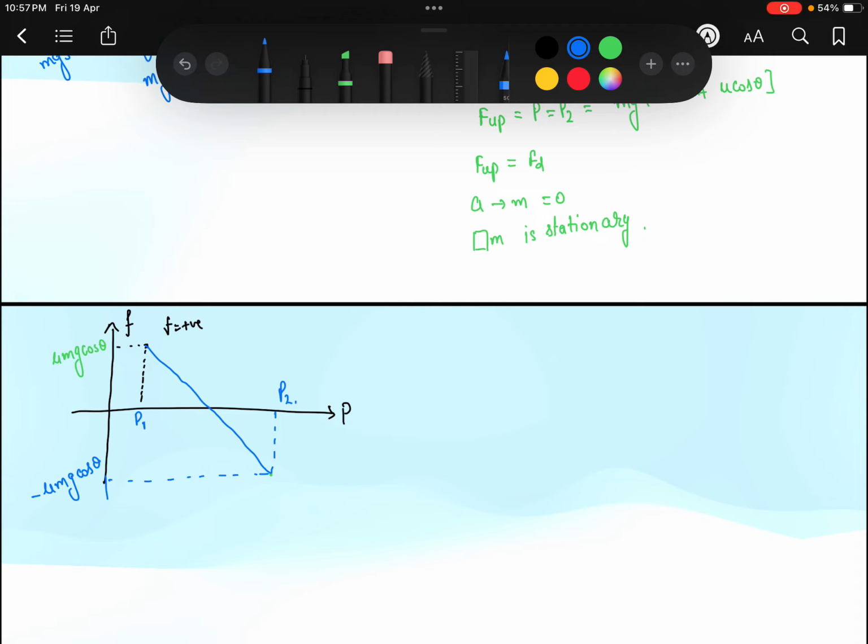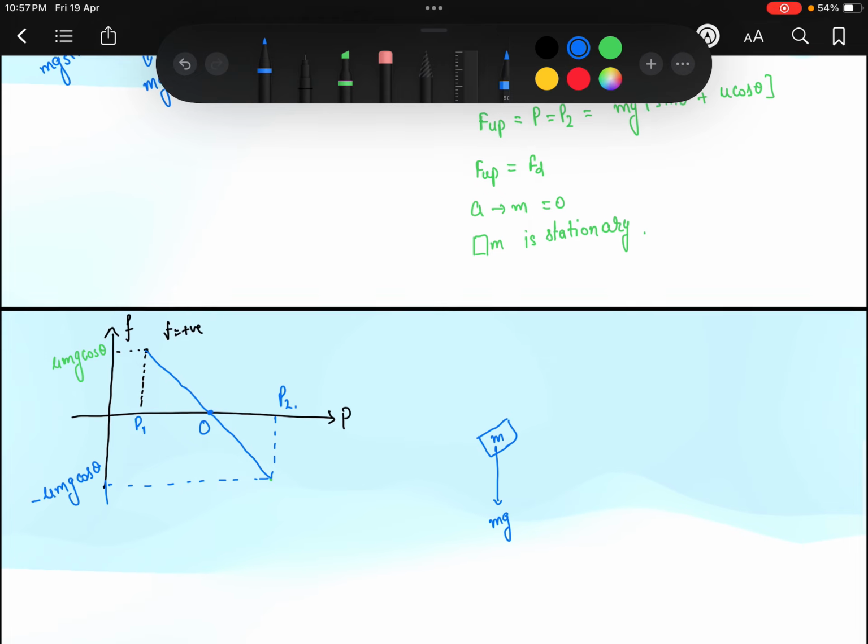So one more thing I will discuss here, let us suppose this point is O. Okay, so in this case, at this point O, let us take the situation, this is the block of mass m, and this is the force acting in downward direction mg, this is the normal force, and this is the angle theta, this is mg cos theta and this is mg sin theta.